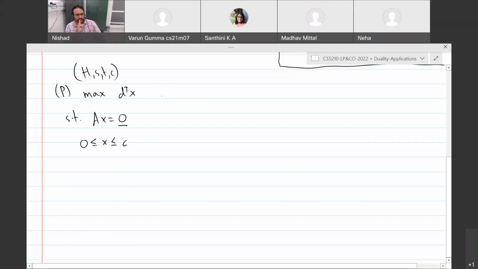Are there any questions or concerns regarding the LP? We wrote this earlier, right? And we observed that this LP, its feasible region is going to be integral. In particular, there will be an optimal solution which will be integral. So that will be your integral maximum flow.